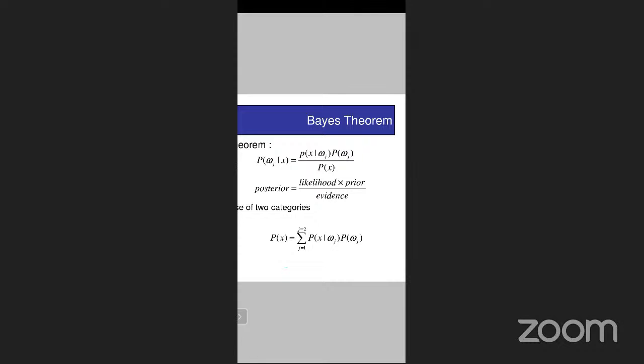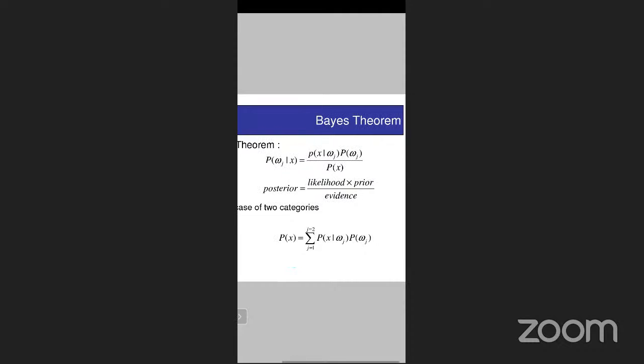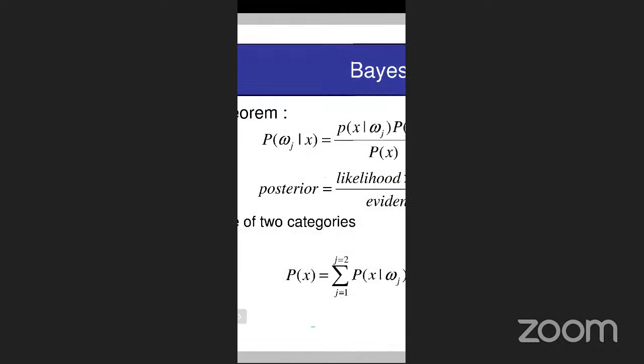Now, how do you think I'll revise the decision given that posteriors are available? I will get a probability of omega 1 conditioned on x, and a probability of omega 2 conditioned on x. I will get two probabilities. So which do you think I will choose as my correct class? Probability of omega 1 given x. If it is larger, you classify it as what?